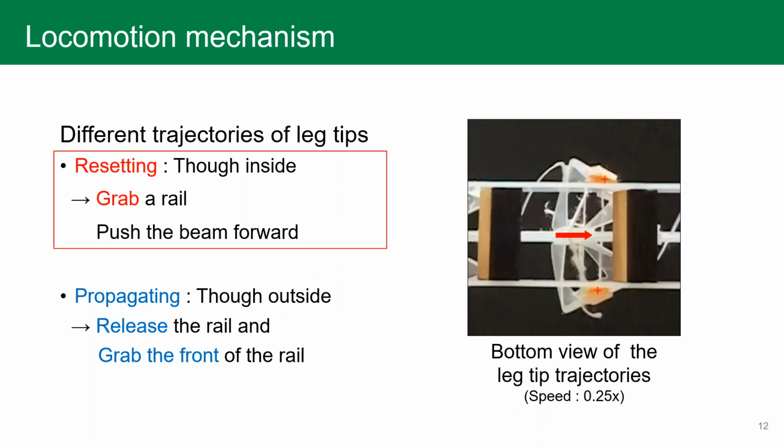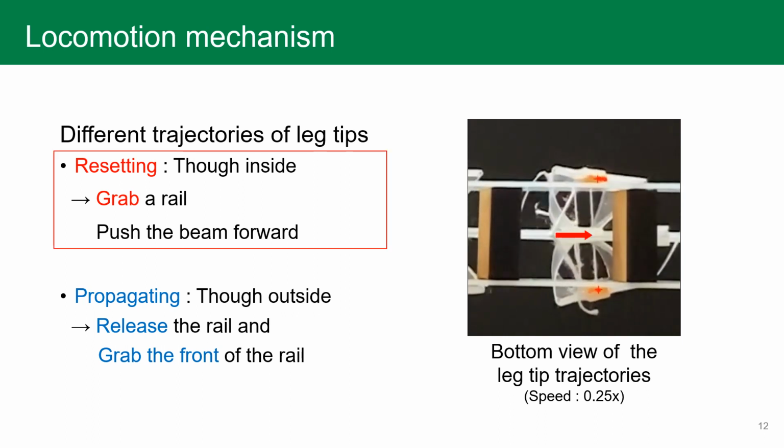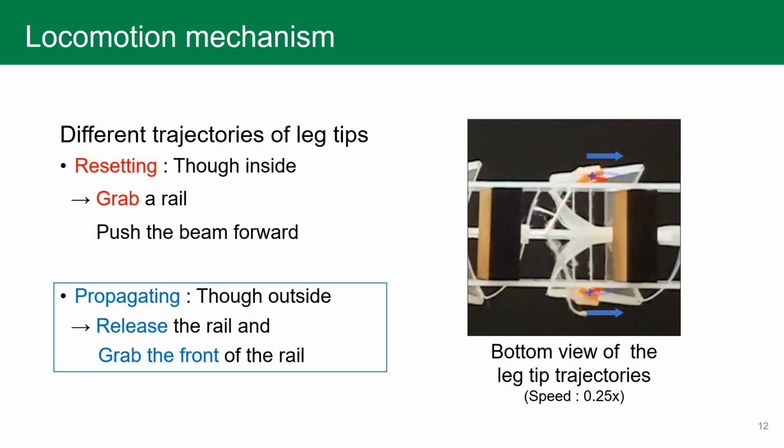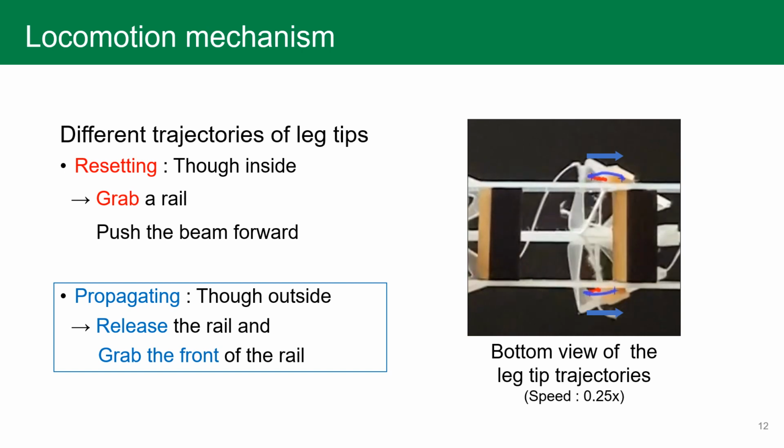The last part is how the legs move for crawling locomotion. The trajectories of leg tips differ between while resetting and propagating. When the bistable structures reset because of thread tensions, the leg tips travel inside and continue to grip the rail.